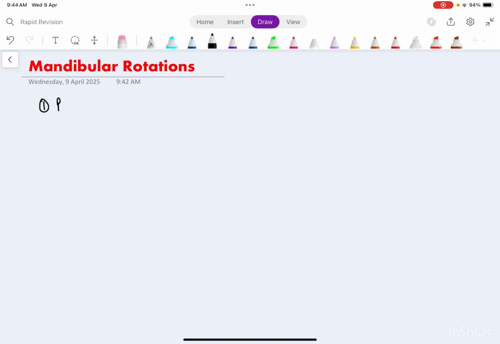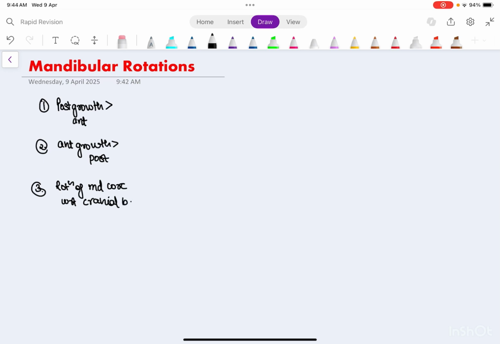So first of all, suppose your posterior growth is more than the anterior. Second, it can be anterior growth more than the posterior. Then third is rotation of mandibular core with respect to cranial base. I'm just writing what all parameters we will talk about. Then rotation of mandibular plane with respect to cranial base.